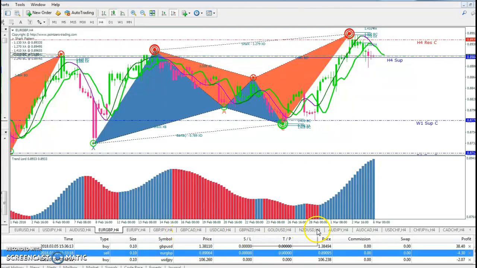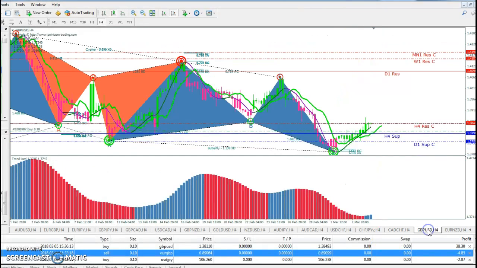Another trade I took this morning was on pound US dollar. Okay, we had a pattern formed. We had a super dot.